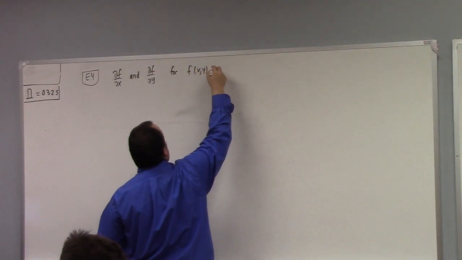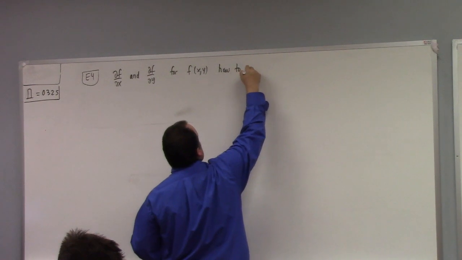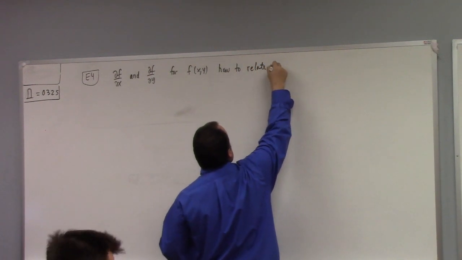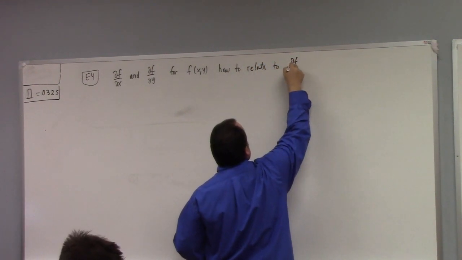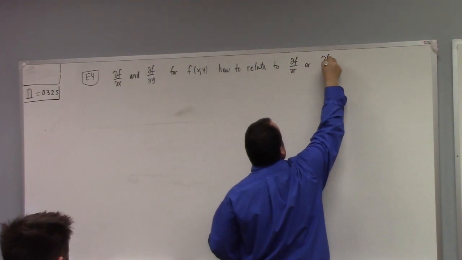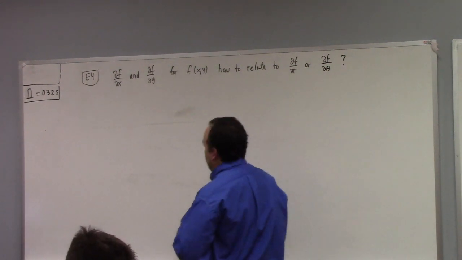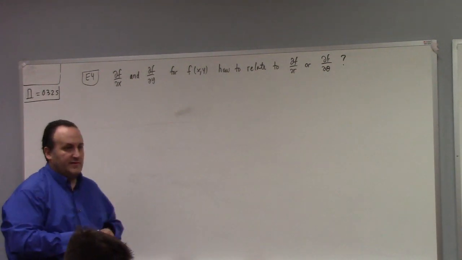How do we relate them to a partial derivative of that same function with respect to the polar coordinate r or the polar coordinate theta?